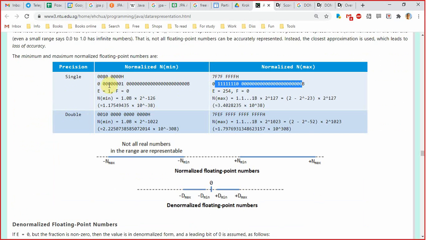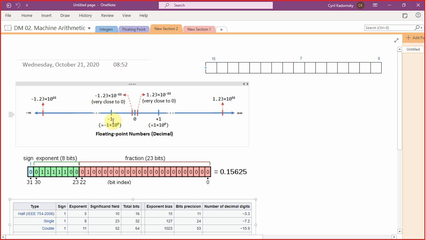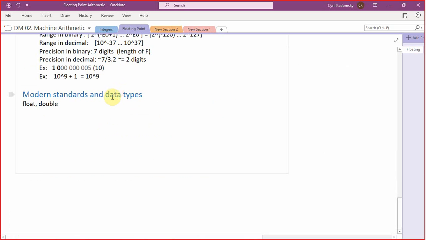In the smallest number, the exponent is the lowest possible apart from all zeros. All zeros is a reserved value, so the minimal exponent will be 0, 0, 0, 1. And this exponent will be minus 126, as we have calculated in our study here.